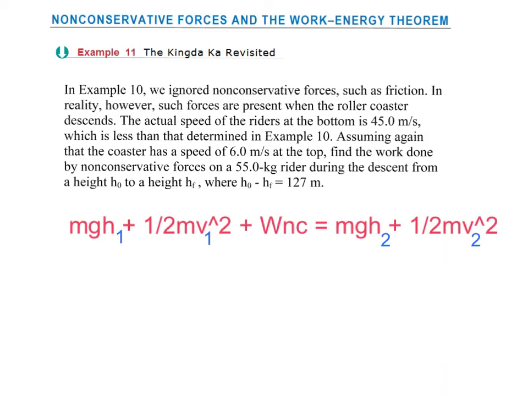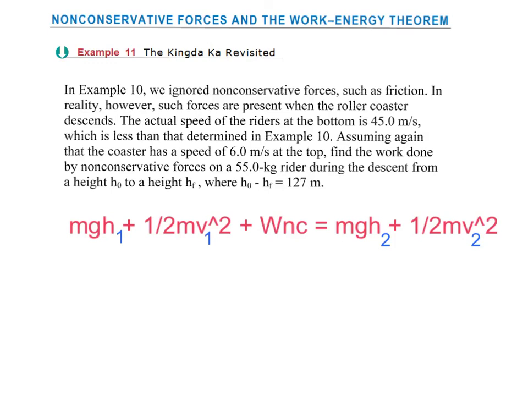Now just keep in mind that the work done by friction and the work done by air resistance is typically going to be negative, because friction points in the opposite direction than the direction you're traveling. So even though it says potential energy plus kinetic energy plus the work done by non-conservative forces, this work, if it's done by friction, is going to be negative. So it's taking energy out of your system.